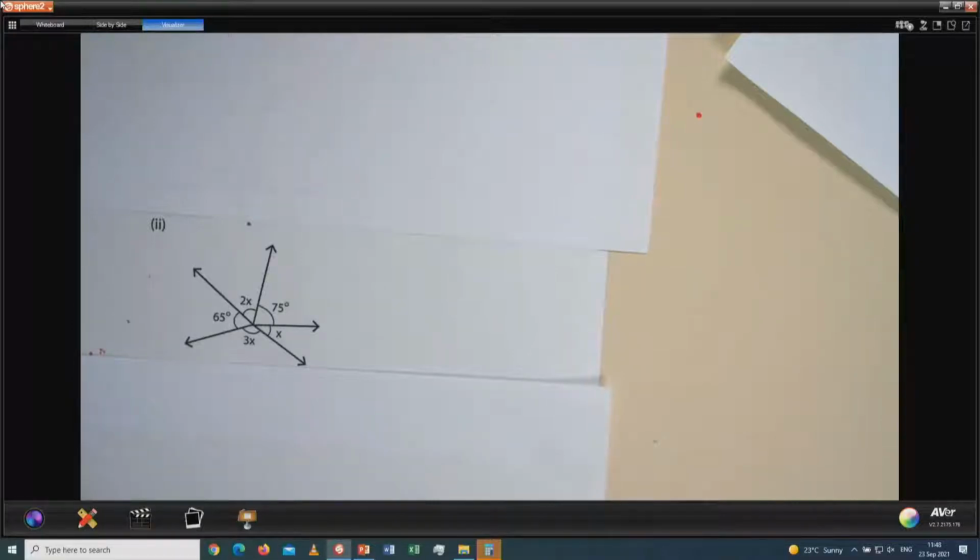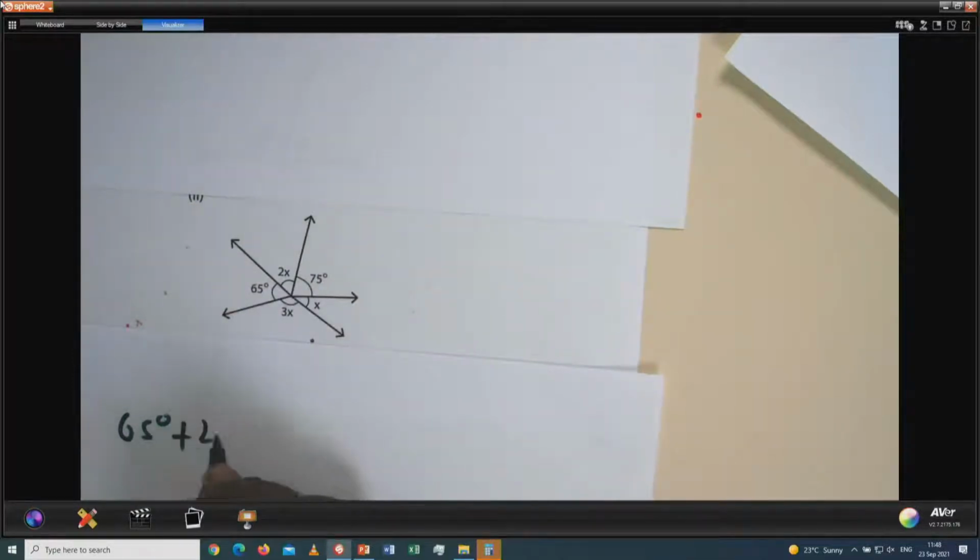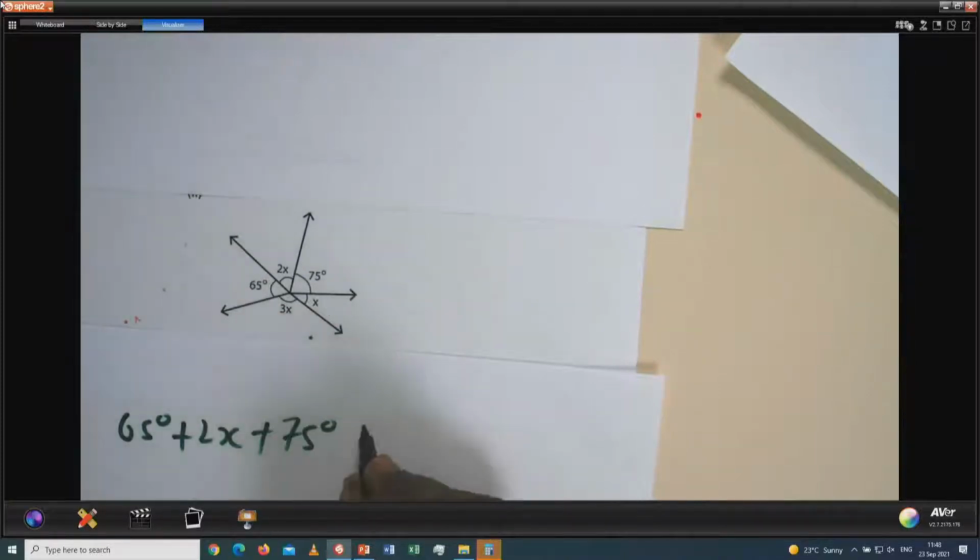You have angles around a point. Therefore, we say 65 degrees plus 2x plus 75 degrees plus 3x plus x.